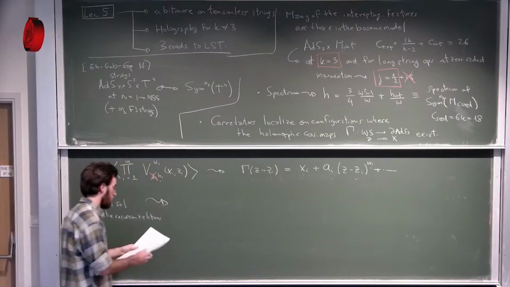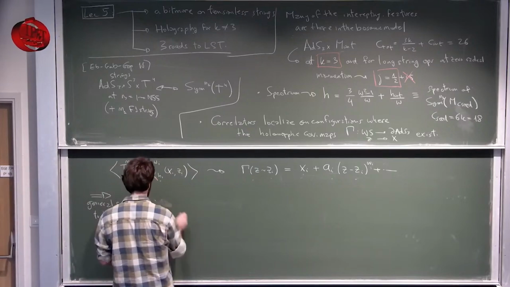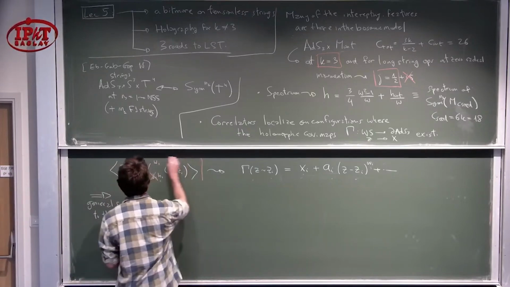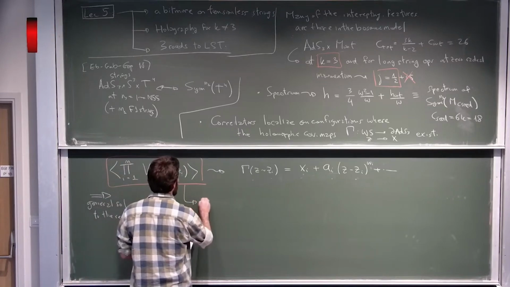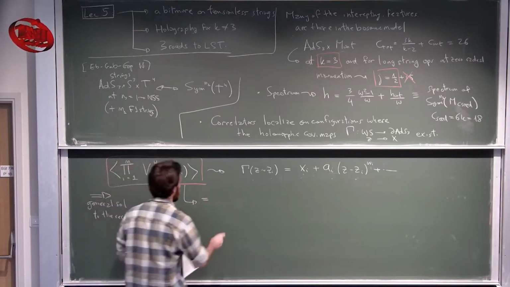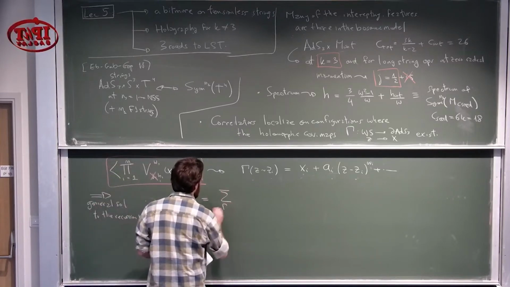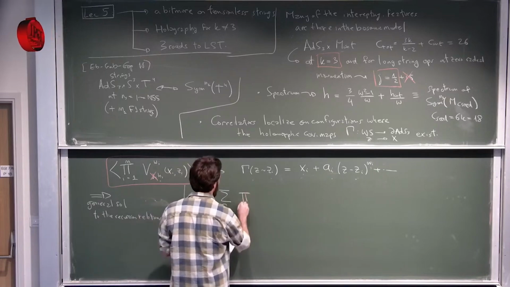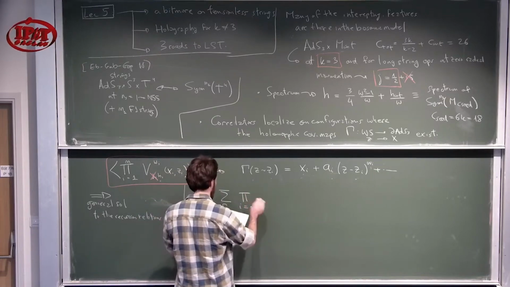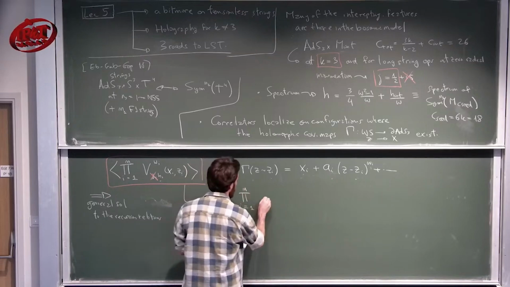Then the solution looks like this. It's a sum over all possible covering maps of the product of what is usually called covering map data.